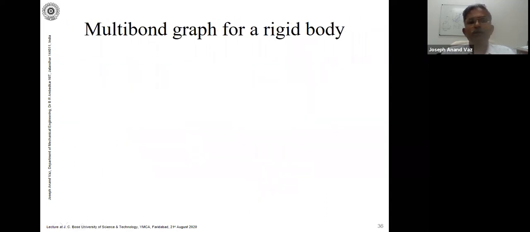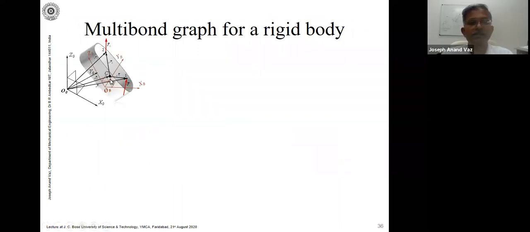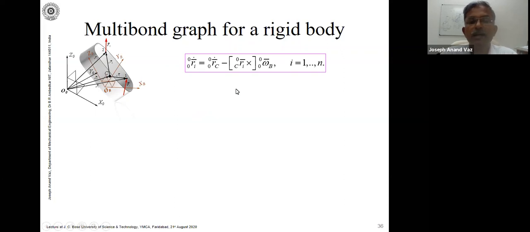Now, for modeling a rigid body, you have this rigid body, it has a center of mass, it has a particular orientation with respect to the inertial frame. And let's say that you know the motion of the center of mass, you know the angular velocity with which this body is moving, and you know the location of each and every point on this body with respect to the center of mass.